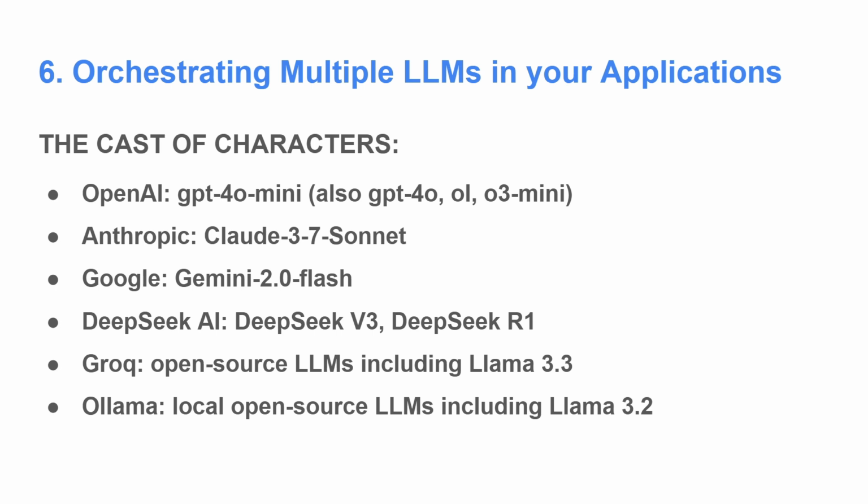We will also explore DeepSeek, which offers powerful models like DeepSeek V3 and DeepSeek R1, and also Anthropic, which is a great rival of OpenAI with its Claude 3.7 Sonnet. Then we'll see Groq, a service famous for its incredibly fast inference speed on open source models like Llama 3.3, and Ollama, a fantastic tool for running local open source LLMs like Llama 3.2 right on your own machine. This mix gives us the best of all worlds.